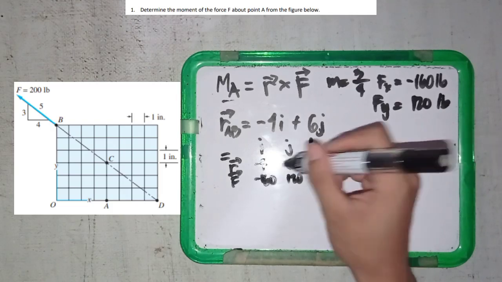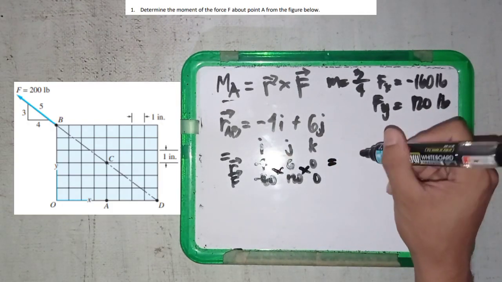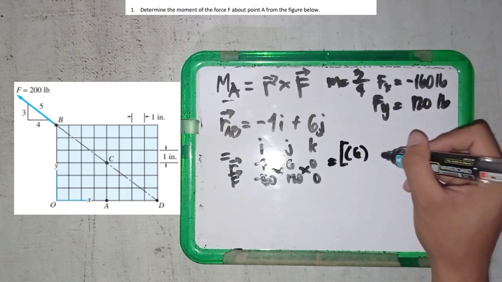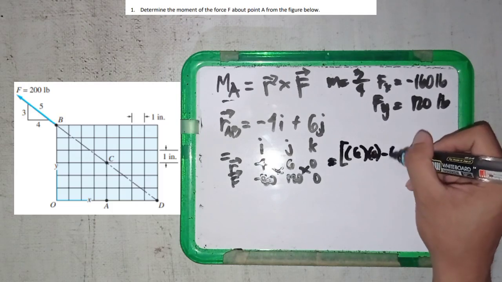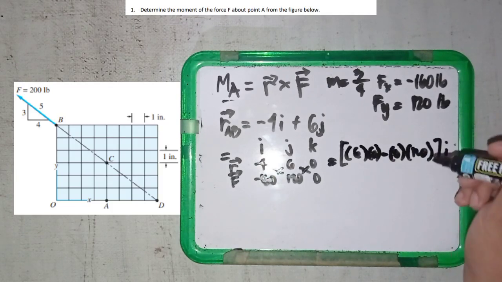So if we solve this using the cross product, this is equal to quantity 6 times 0 minus 0 times 120 for the i hat.